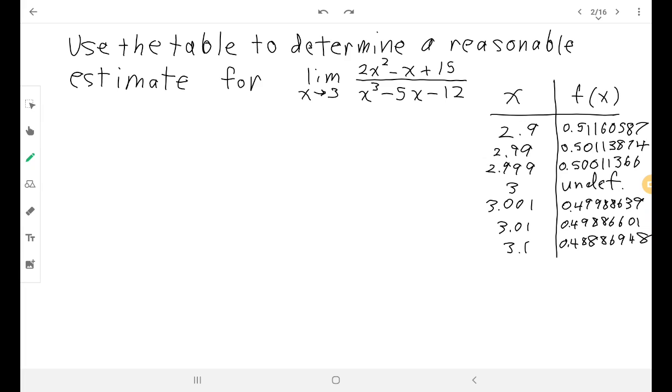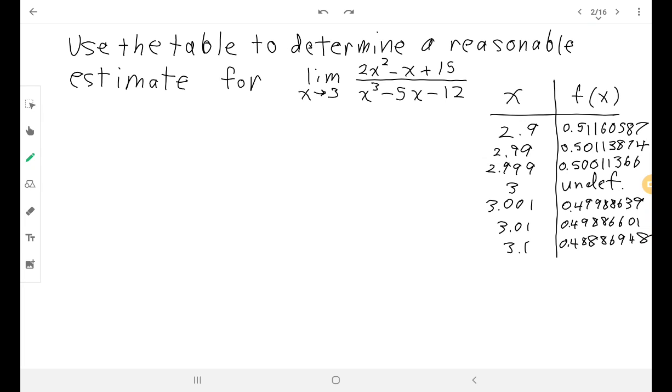And limits are all about approaching values. They're never about getting to values, always about approaching values. So what value are we approaching as the x value comes real close to 3?